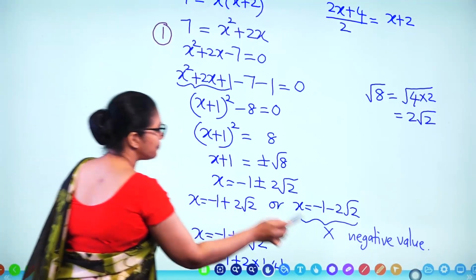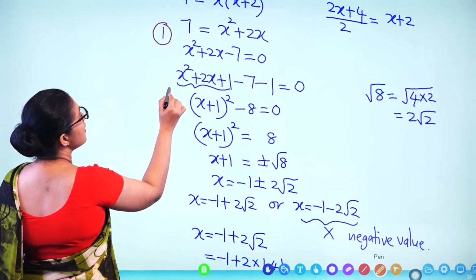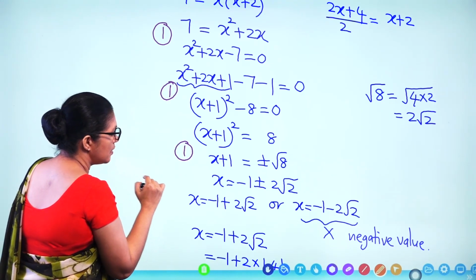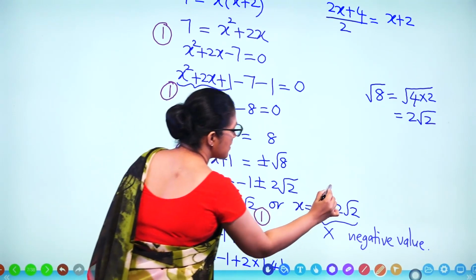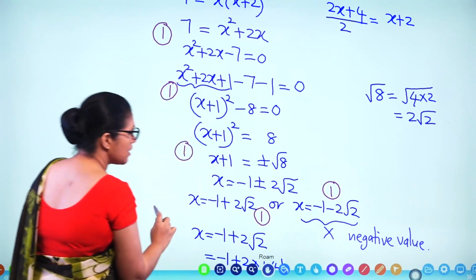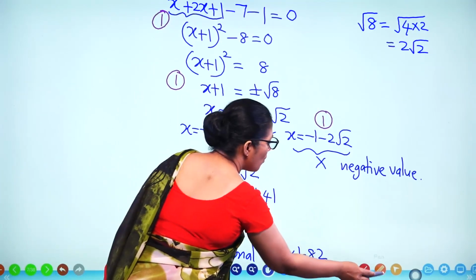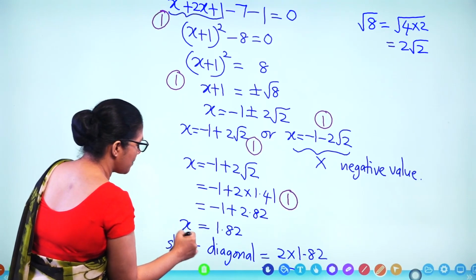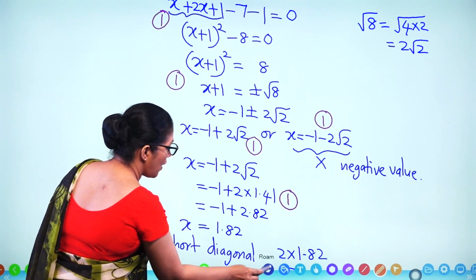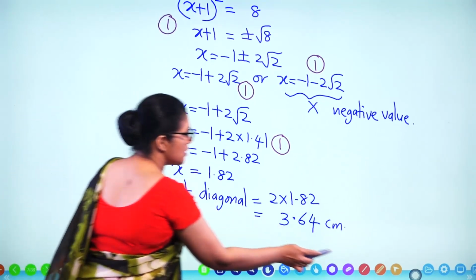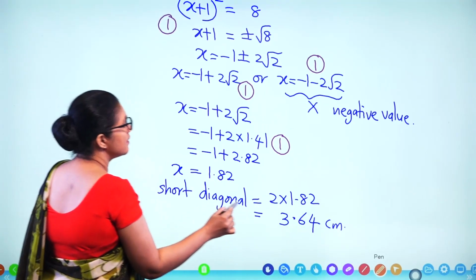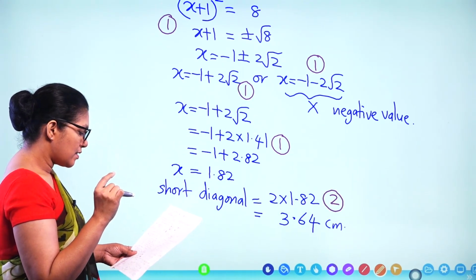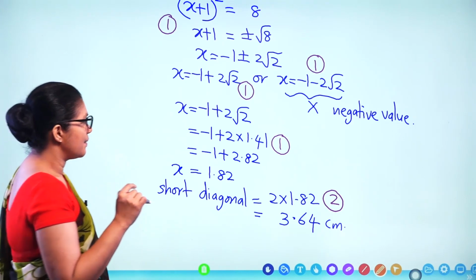So 3, we can give 4, 5, 6, 7. But we have to ignore that and write this one, 1 mark. That's 8. And we need to find the shorter diagonal length. That's 2 marks. So 10 altogether, and 3.64 is the final answer.